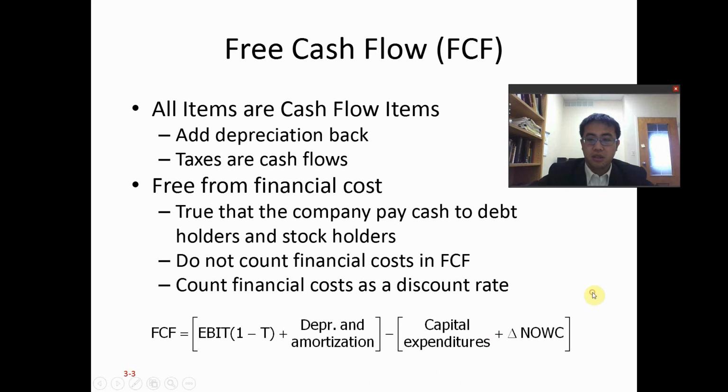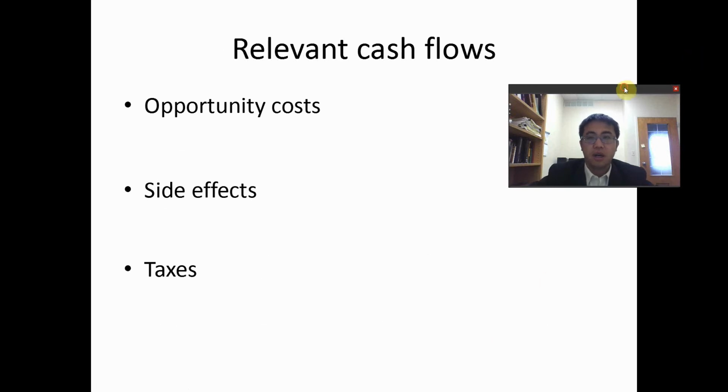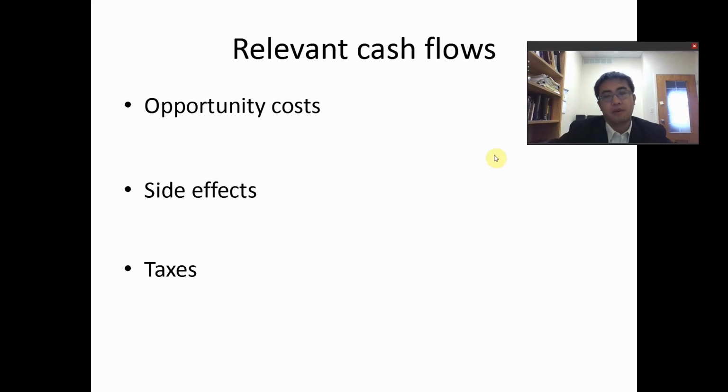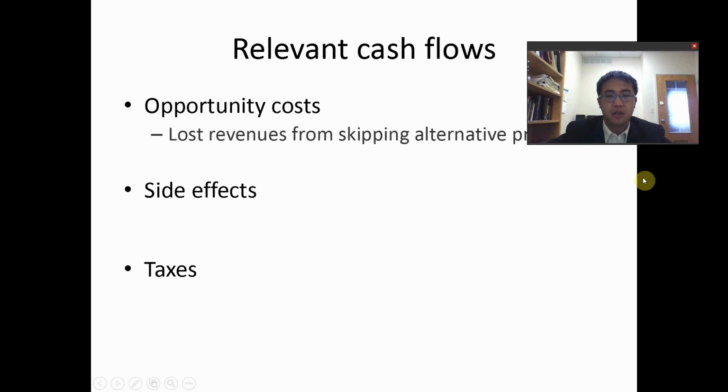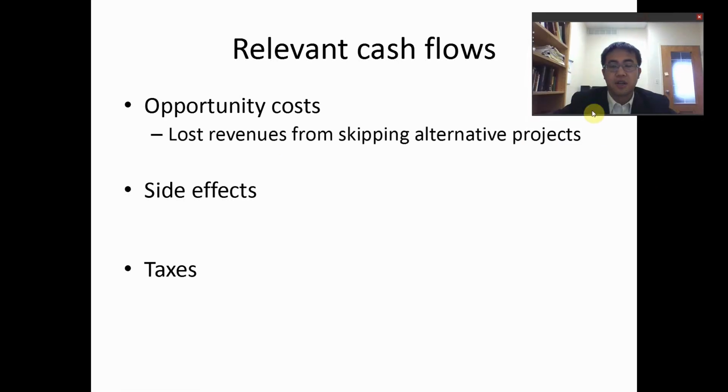All right, so if we explore further the relevant cash flows, we have opportunity costs. Opportunity cost basically occurs when you are using a new project to replace the old project. The old project may still be profiting. It can still make money, but if you are abandoning it, you actually lose the opportunity of making money generated by the old project.